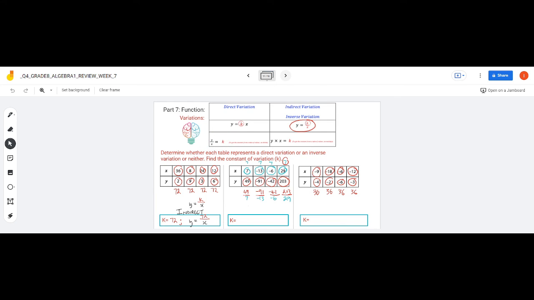And you can check it out. 49 divided by 7, 7. Negative 91 divided by negative 13, 7. Negative 42 divided by 6, 7. 203 divided by 29, 7. So that will be direct variation because y divided by x. So our k here will be 7.